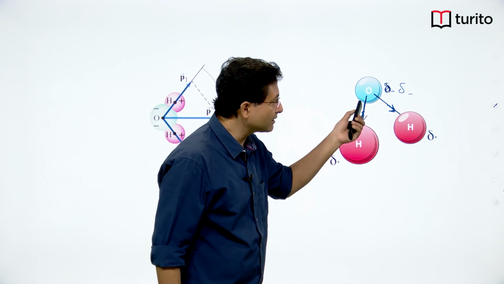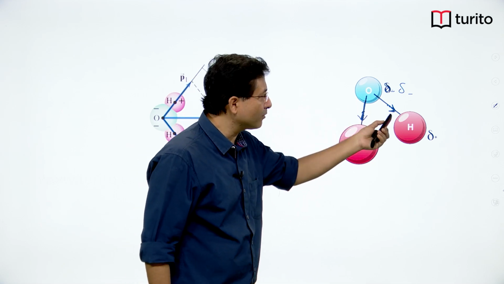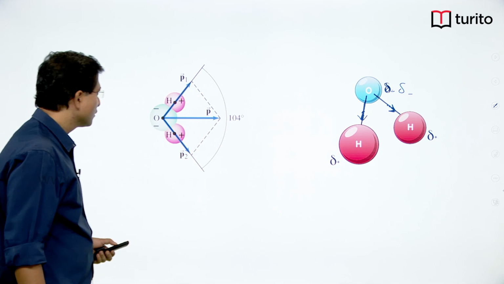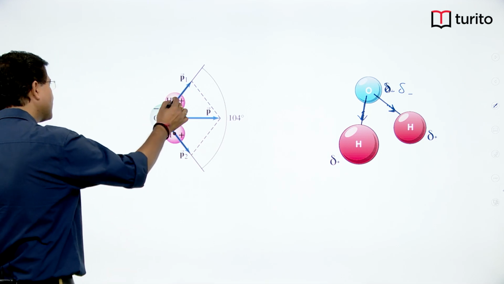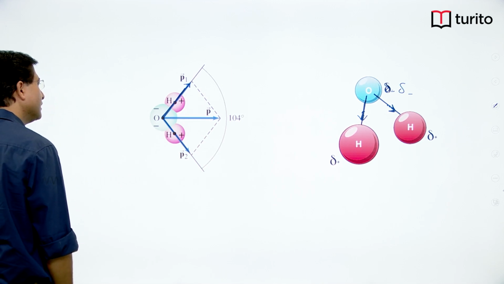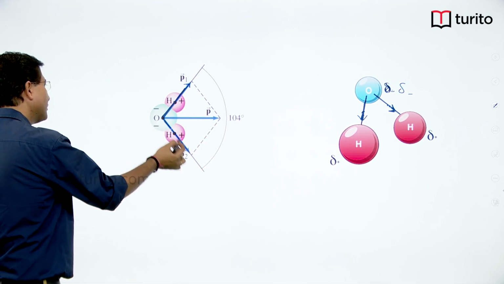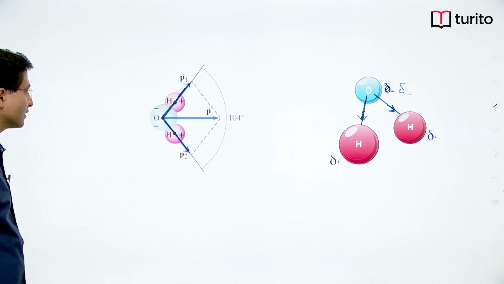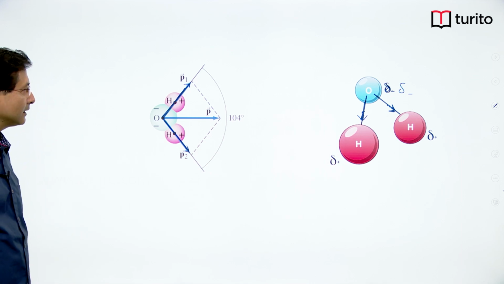So, if I ask what is the resultant dipole moment, as dipole moment is a vector quantity: because of this combination from negative to positive, one dipole moment will be in this direction and because of the other one, another dipole moment is in this direction, right.